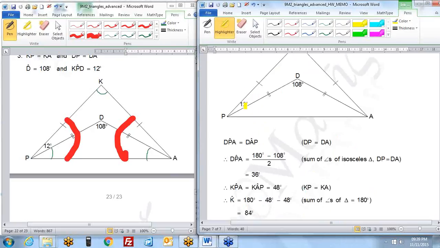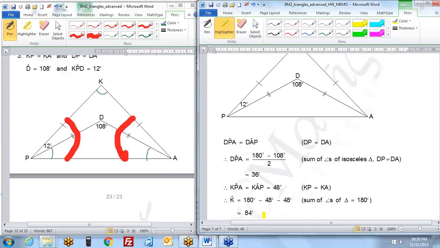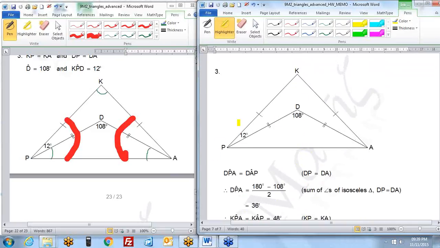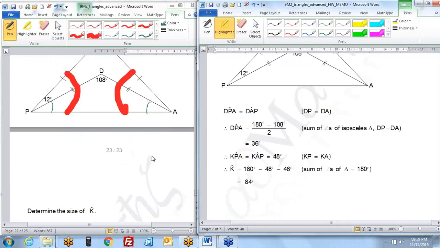So now we have 48 plus 48, which gives you 96. So 96 you take away from 180 and you get 84 degrees. In other words, angle PKA, in other words, angle K equals 84 degrees because the sum of the angles of a triangle adds up to 180 degrees.